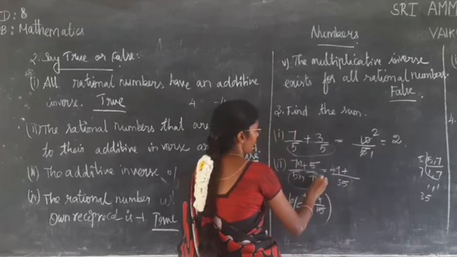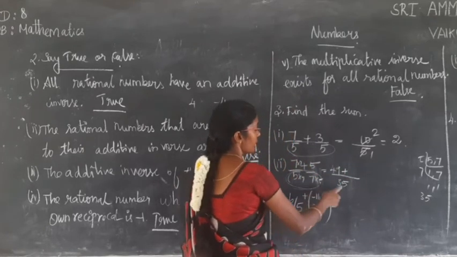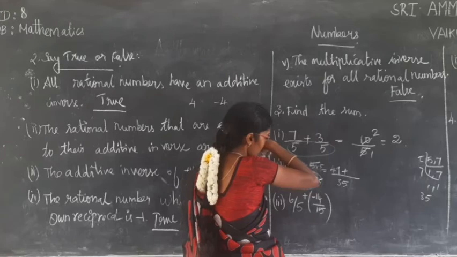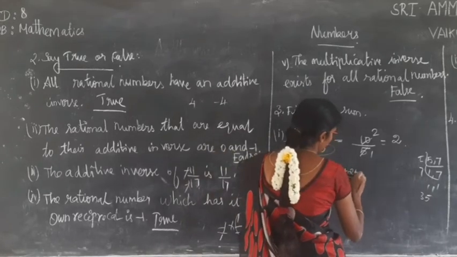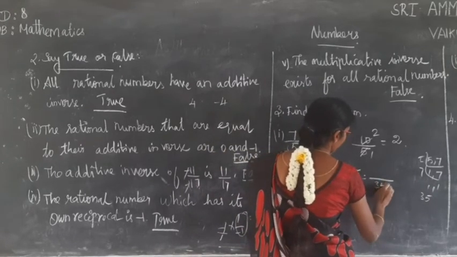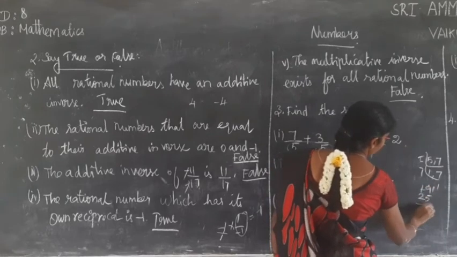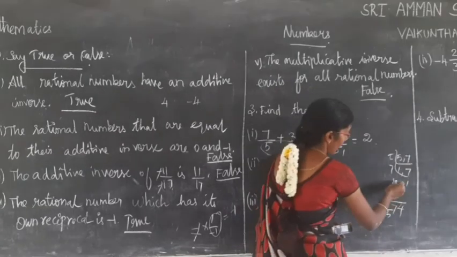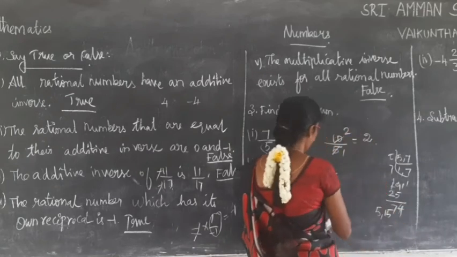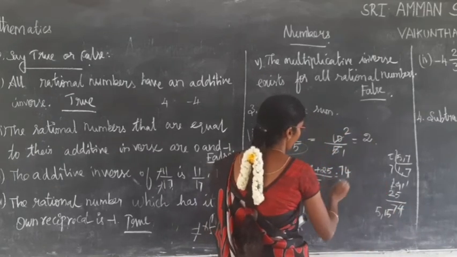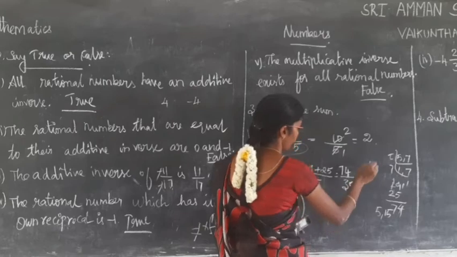Plus 7 5s are 35. Here also 5. So 5 5s are 25. So you have to add 49 plus 25. 9 plus 5. If you add, you will get 74. So the answer is 74 divided by 35.